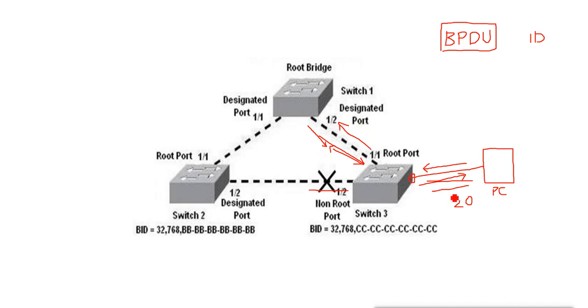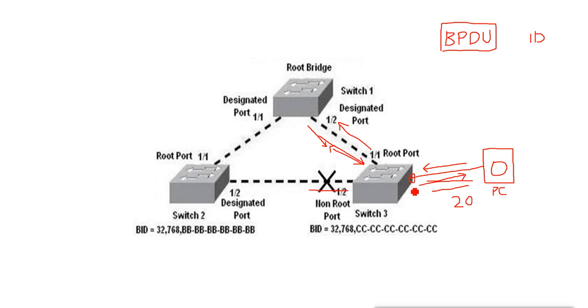So after the blocking state, where it is only accepting BPDUs and not sending any, it will go to the listening state, and it will start sending and receiving both. But till now there is no forwarding. That means if this PC is connected to the switch and tries to send any data, it will be blocked. The data will not be accepted by the switch. Why? Because the switch was in blocking state, and now it is in listening state.